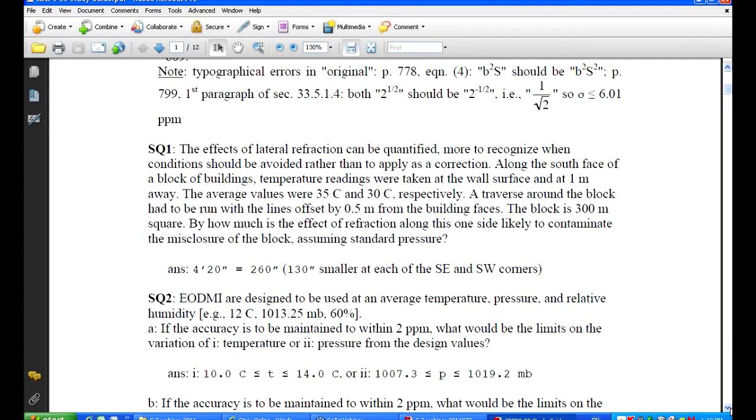So I have noticed in the forum there have been discussions concerning certain study questions and some examination questions, and this particular study question was one of them. And the answer is 130 arc seconds at each of the two angles.